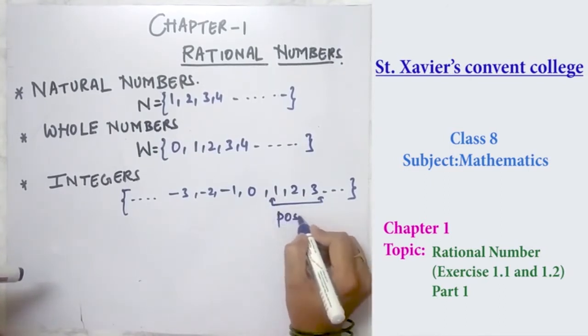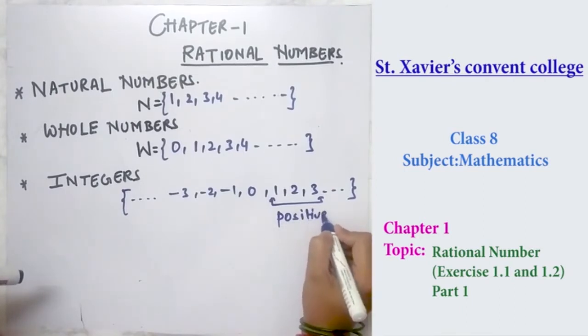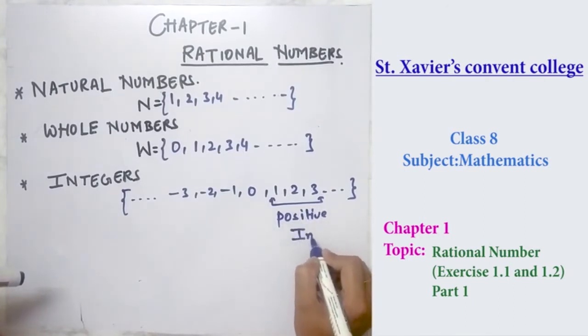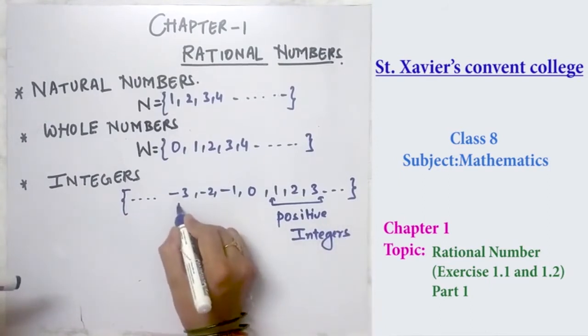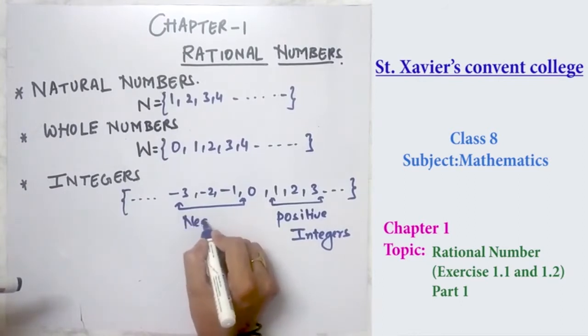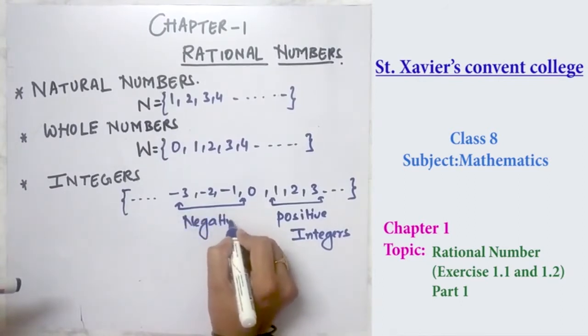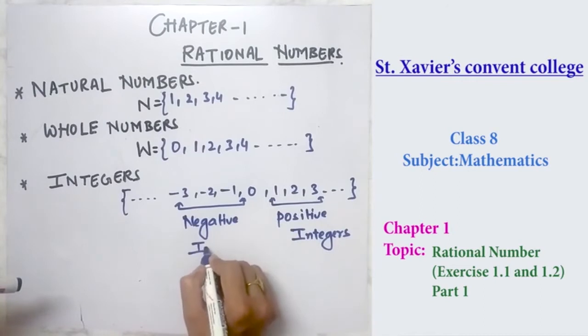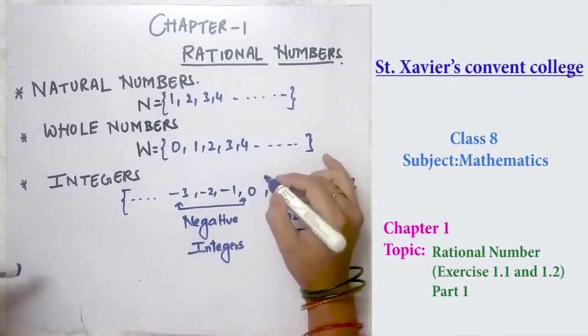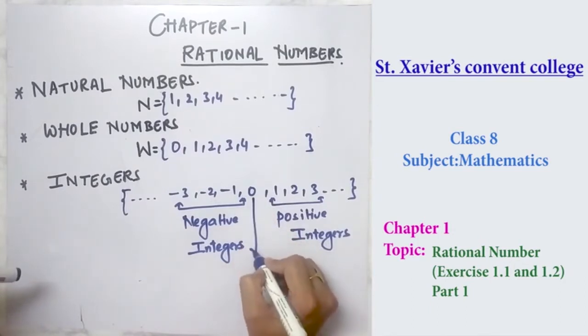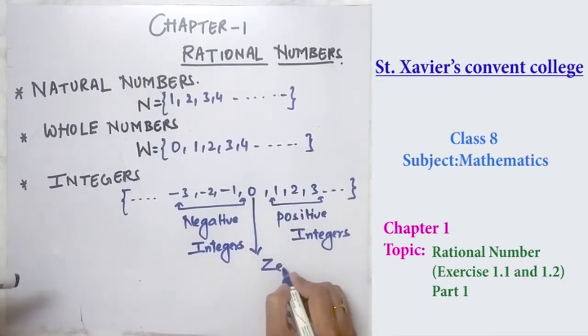positive integers. And these negative numbers are called negative integers. And this 0 is called zero integer.